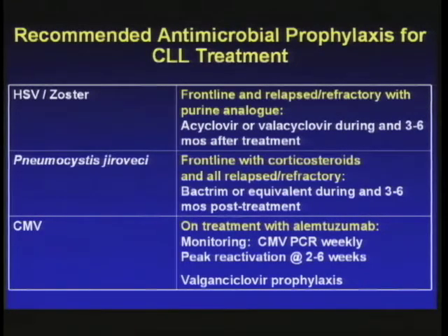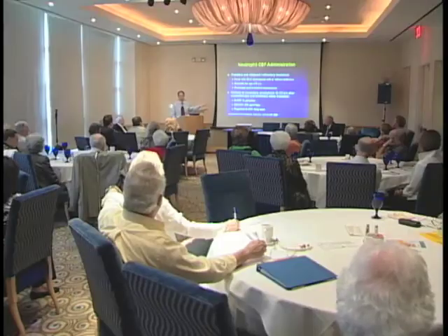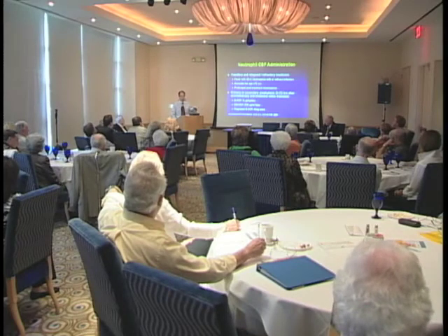We can monitor for viral reactivation, and Susan O'Brien did a study at MD Anderson showing that patients who received valganciclovir, which is an antiviral agent, had a reduced risk for reactivation of CMV. So those are some of the things that we do for prophylaxis for patients to reduce their risk for infection. We do those generally in patients who are receiving treatment, either first treatment or salvage treatment.